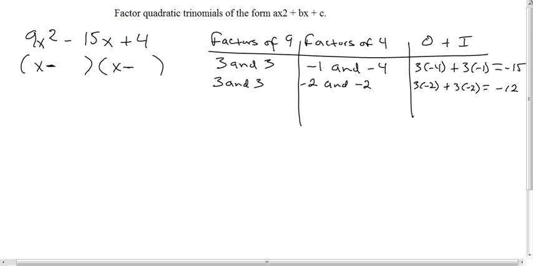Close but no cigar. Well, let's go back to our first one where we have negative 1 and 4, and let's change that around. So we have 3 and 3, and a negative 4 and a negative 1, and see what our results will be.